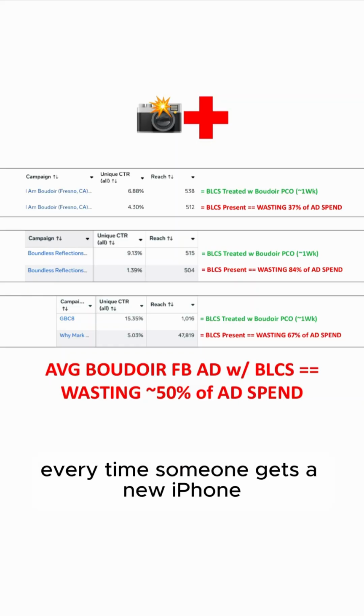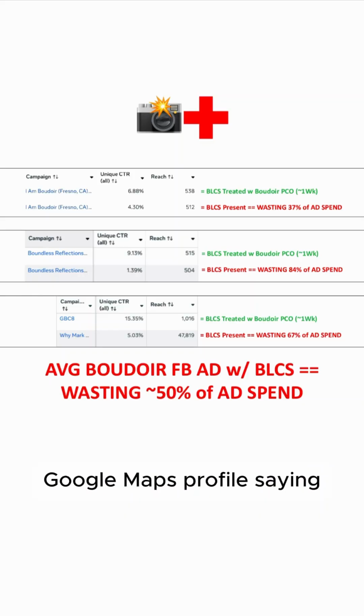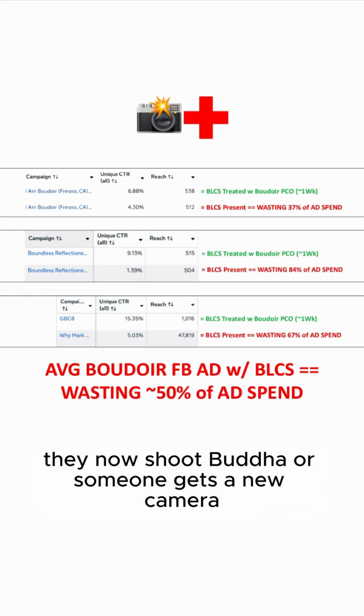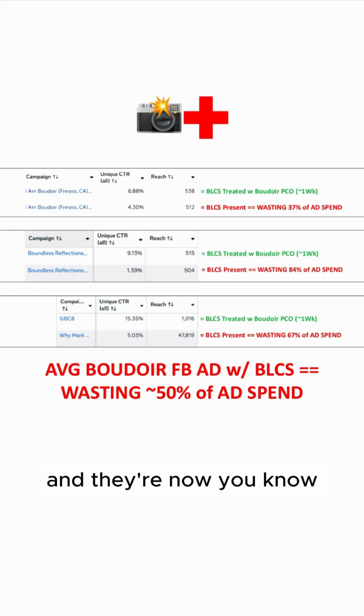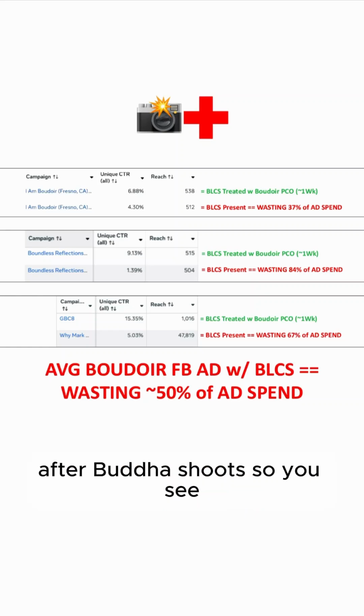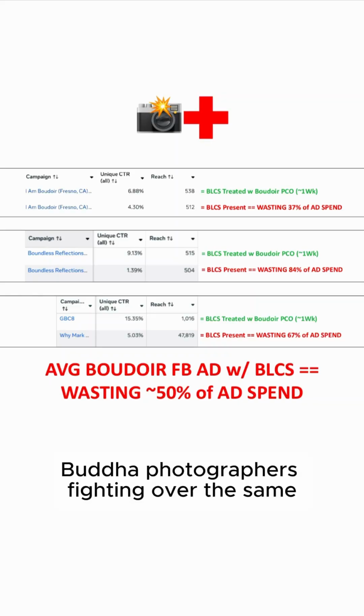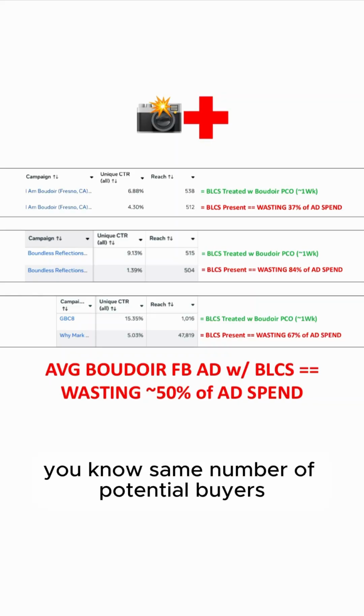Every time someone gets a new iPhone, there's someone opening a new Google Maps profile saying they now shoot boudoir, or someone gets a new camera and they're saying in the mom groups that they offer boudoir shoots. So you see it's getting more and more boudoir photographers fighting over the same number of potential buyers.